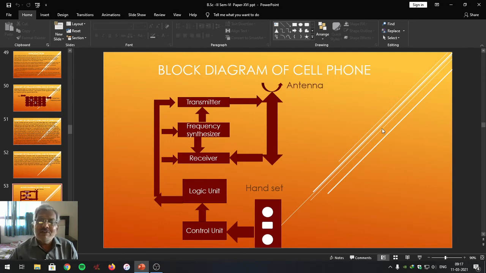But this large geographical region is divided into smaller geographical regions. Each small region is called as a cell, and each cell is having its own low power transmitter and receiver.